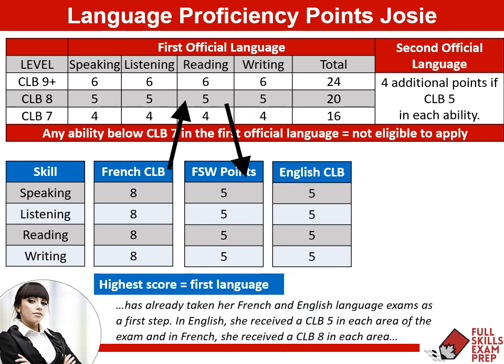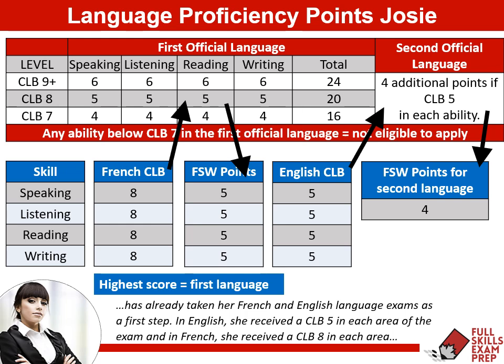Now we have an extra little step in here. She received a CLB 5 in her English exam, in each element. That's really important because, as you can see in the second official language description, if she received a CLB 4 in any element of that English exam, she wouldn't receive those additional points.